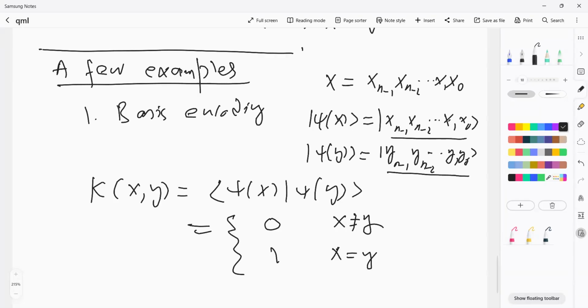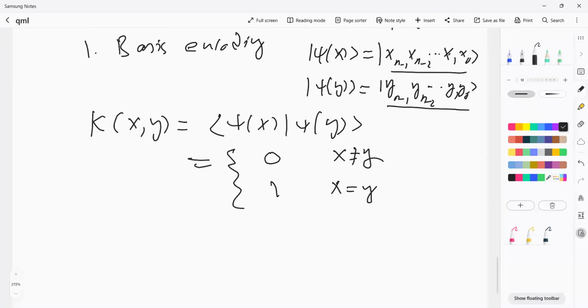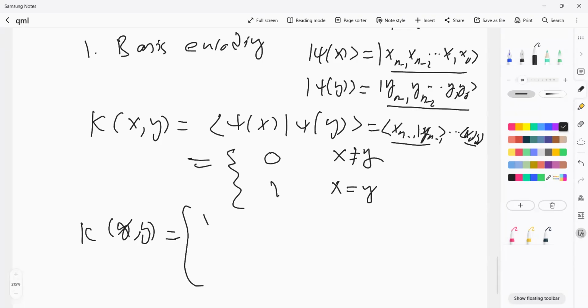So whenever there is even a difference of 1 bit in these two, the inner product will be 0, because this inner product is essentially the product of the inner products of each individual state, x0 with y0 and so on. So even if one of the inner products is 0, the product will be 0. It means this basis encoding actually provides a trivial feature map in quantum machine learning.